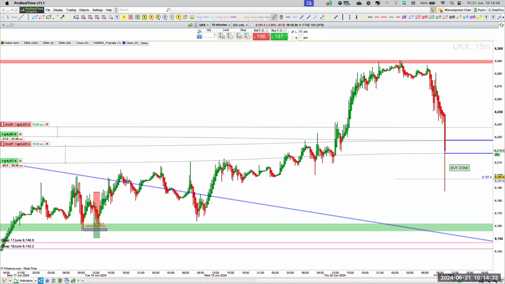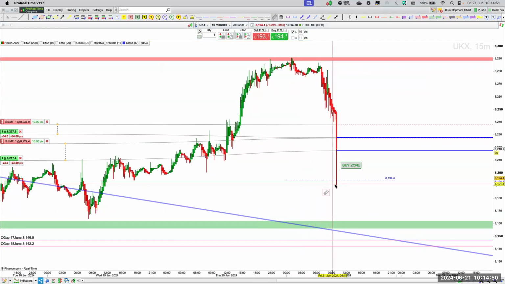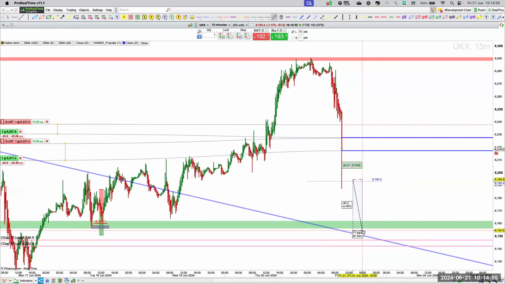It's right into our buy zone. 8200 was our buy zone for this morning. Yeah, do you know what? I think I'm going to do that. This is not part of the expiry, but the discipline is we were going to buy here, so I want to buy here.